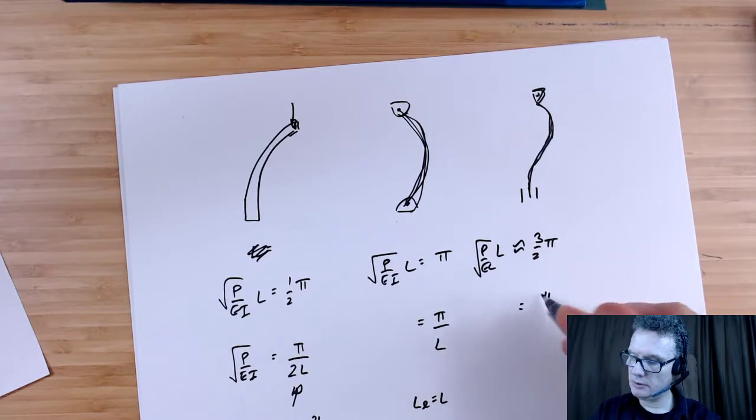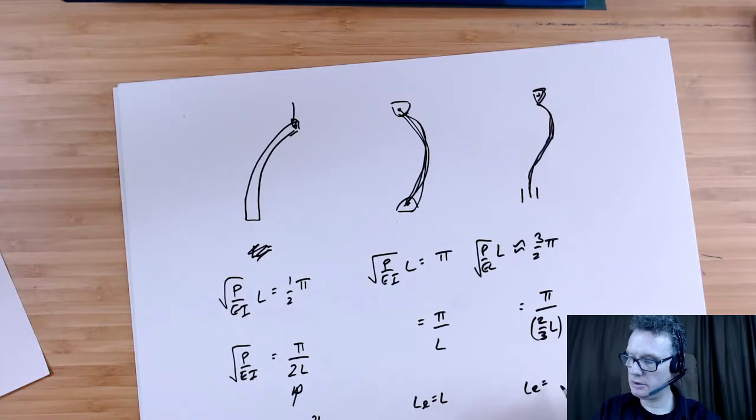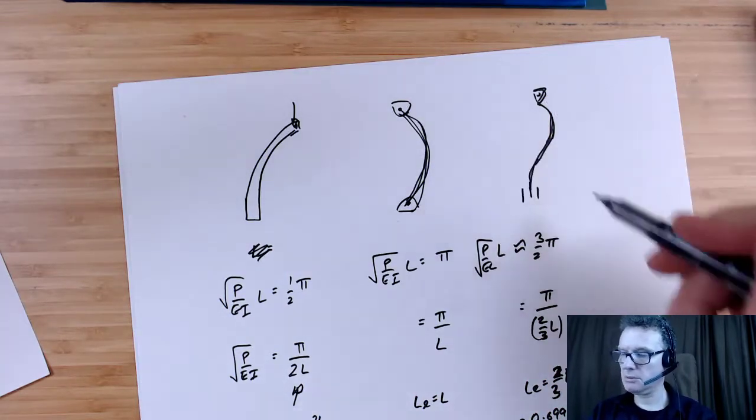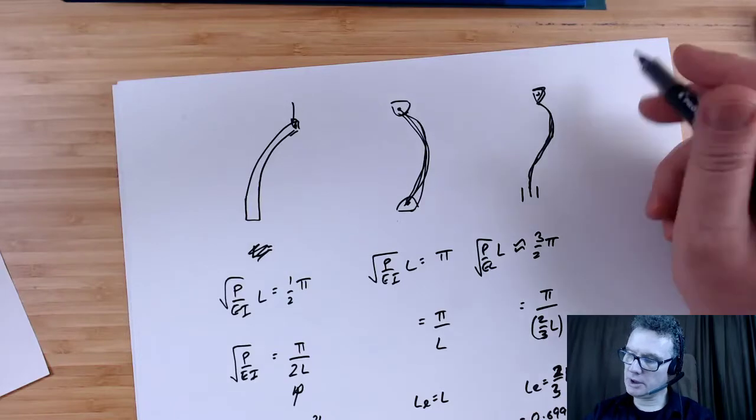So therefore your effective L is 2/3 L. In actual fact, the correct answer is 0.699 L, often taken to be 0.7 L. You can see 2/3 is not far off 0.699. So that was a pretty good model without doing any complicated maths.